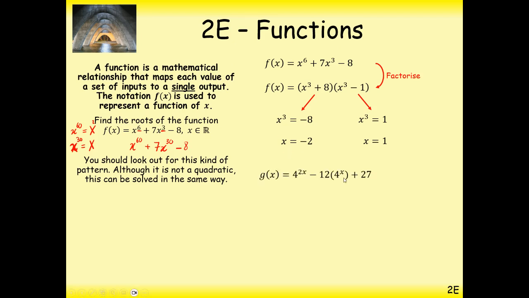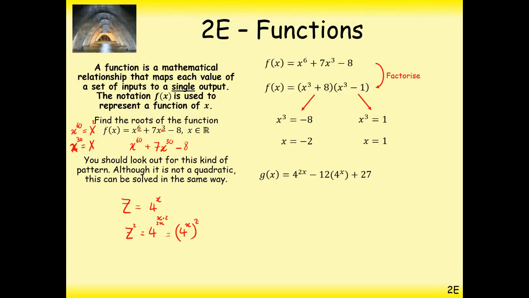So in this next example here, we're going to take a letter. I'm going to choose Z and set 4 to the power of x to be Z. So where I have 4 to the power of 2x, I can write that as Z squared, because what I'm doing is saying 4 to the power of 2x can be written as x times 2, and I'm choosing to put a 2 outside of the bracket here.